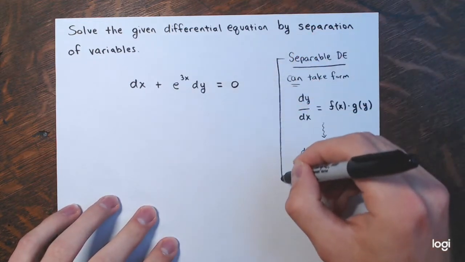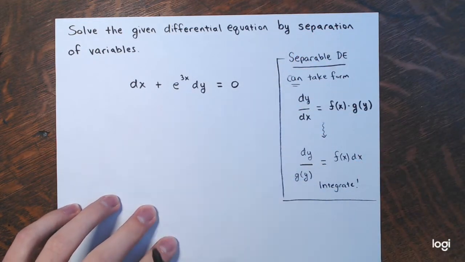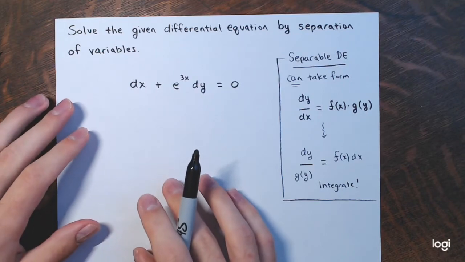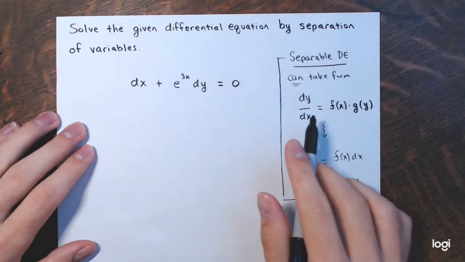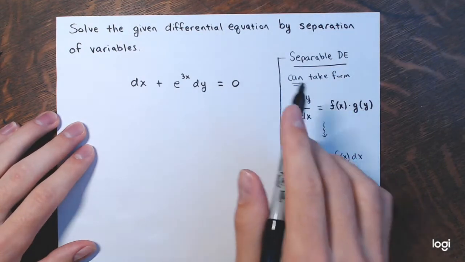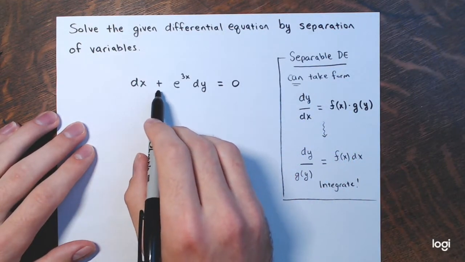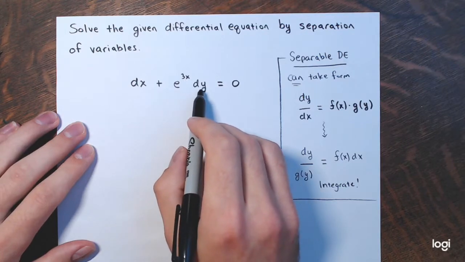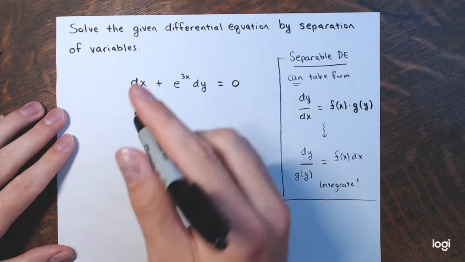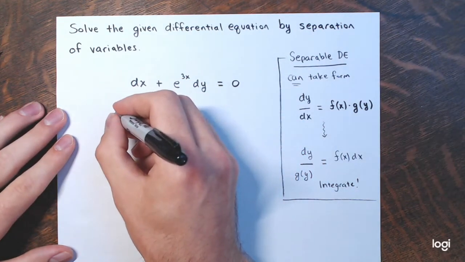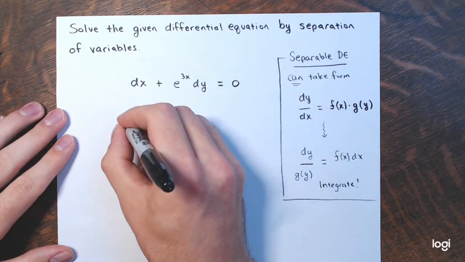Just to show you that this particular equation here is separable, I'm going to play with it and get it to look like this. We have dx plus e to the 3x times dy equals 0. So I'll just take away the dx.